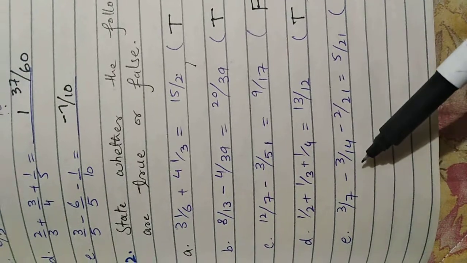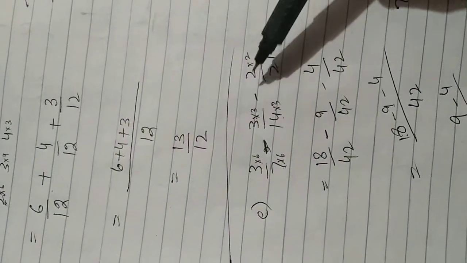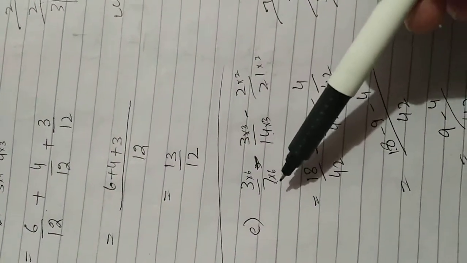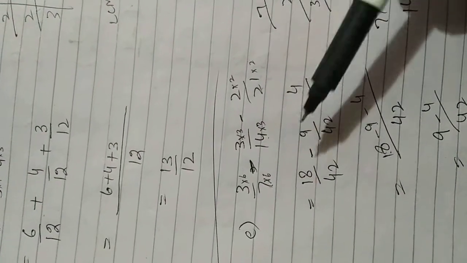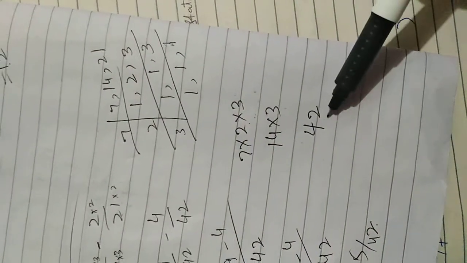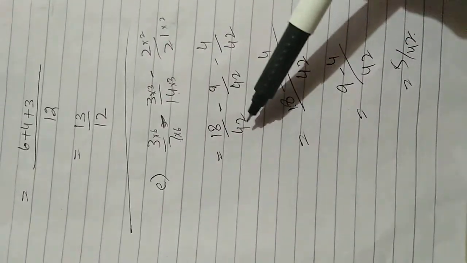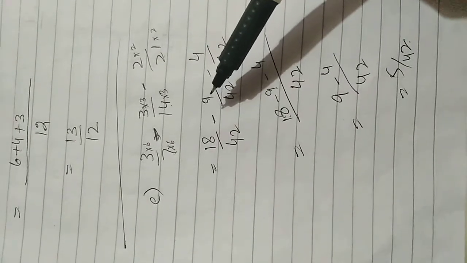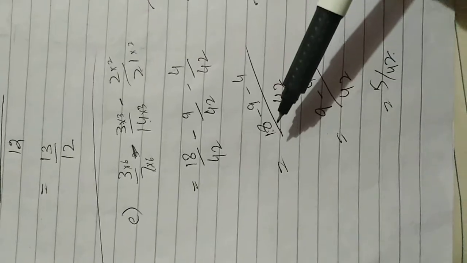Now move to the part E of question number 2, that is 3 by 7 minus 3 by 14 minus 2 by 21 is equal to 5 over 21. We solve left hand side. 3 by 7, 3 by 14, 2 by 21. First we will find LCM of their denominators in order to make their denominators same. LCM of 7, 14 and 21 is 42.